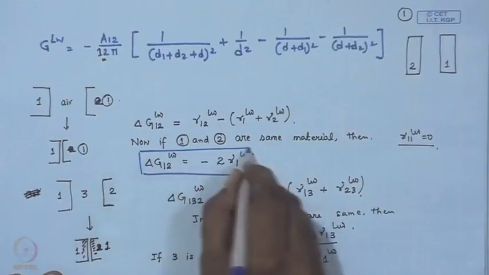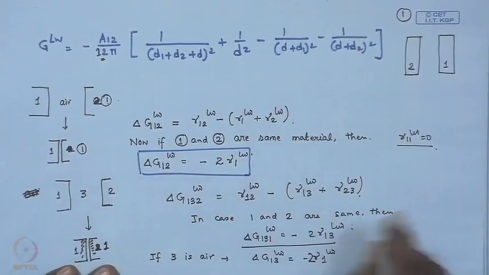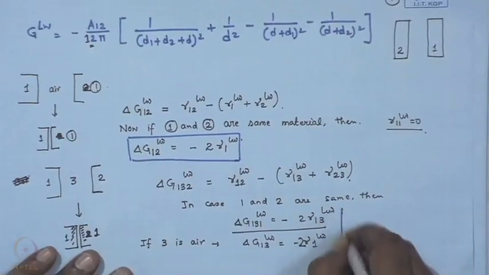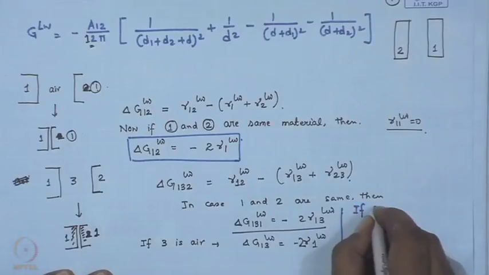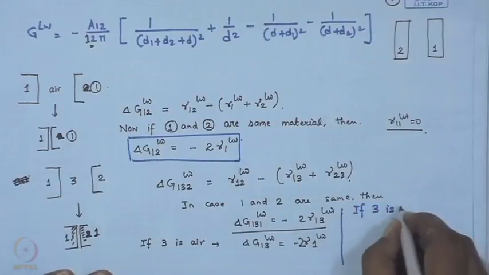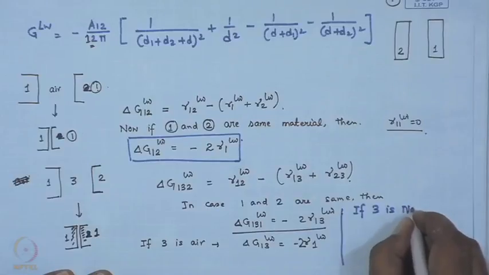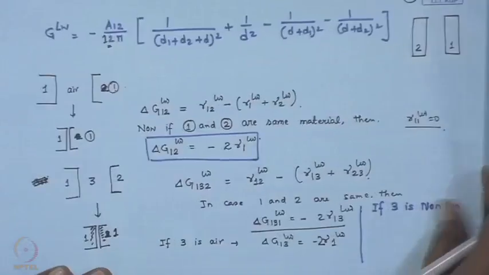Okay. But now, think of another setting, the opposite setting of this. If 3 is a non-condensed phase, okay, I will use a fresh sheet.